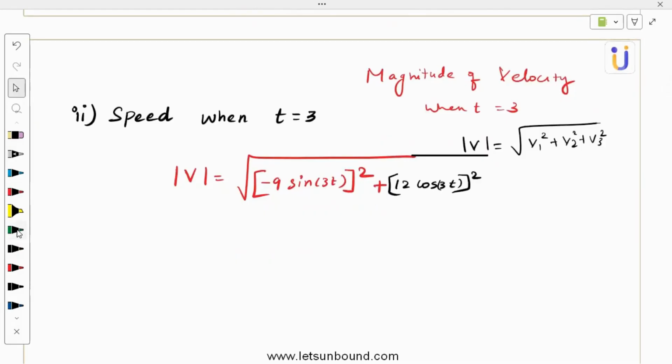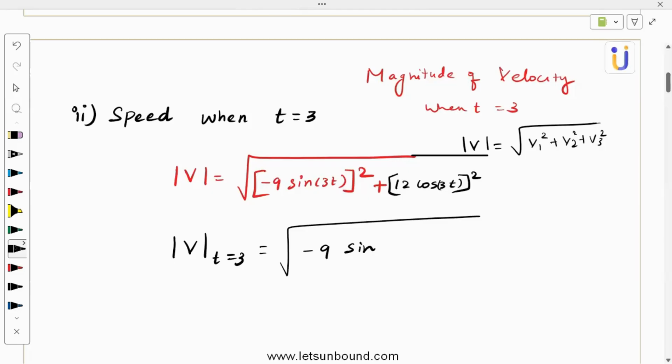I'm not solving for t, I'm solving for the particular value when t is 3. So this is our speed. Substituting, 3 times t becomes 9, so minus 9 sine 9 whole squared plus 12 cos 9 whole squared. The rest we can do with the calculator.